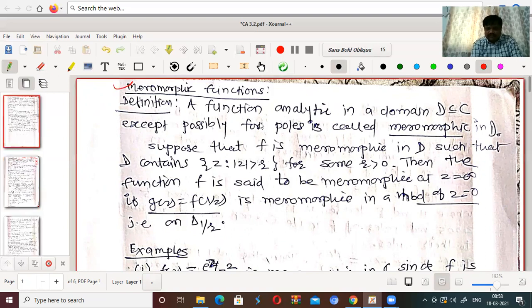A function analytic in a domain D, which is a subset of the complex plane, except possibly for poles, is called meromorphic in D. If your function is analytic except for isolated singularities, that is, except for poles, it is called meromorphic in that set D. So meromorphic means it is not totally analytic, but it should be analytic except for some poles.